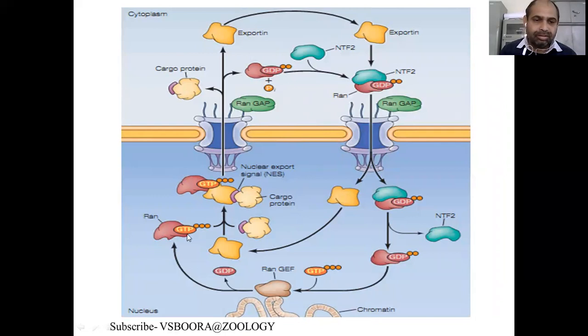First of all, RAN GTP, the cargo protein, and the exporting protein form a complex. The cargo protein has a nuclear export signal sequence, which is recognized by the exportin, forming a complex along with RAN GTP. This complex is then transported toward the cytoplasm.